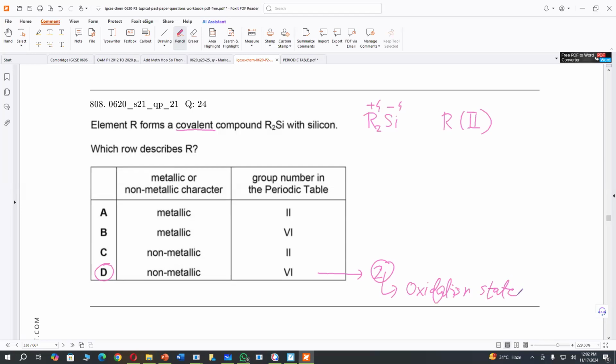Make this clear, Mikhail: you do not cross the numbers in covalent compounds. Crossing the numbers is for ionic compounds. You use oxidation numbers for covalent compounds. You should consider the oxidation state.